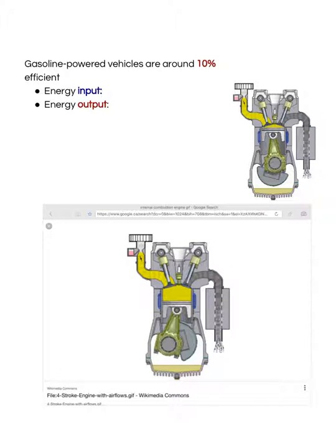So this is an internal combustion engine, sort of like what you would have in a vehicle. You can see just over here is where my fuel, my gasoline, is going to be input into the engine. It goes into this combustion chamber over here, and you can see that it's getting ignited.